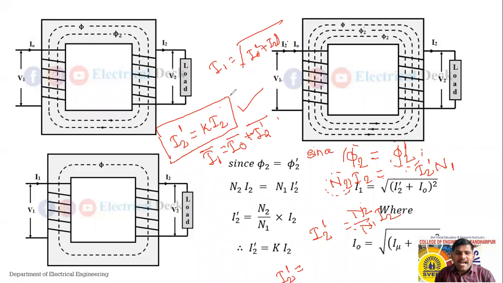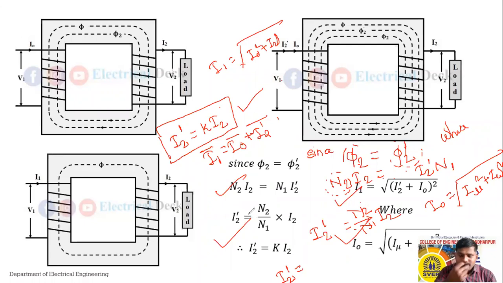Similarly I0, ची value माहिती आहे तुम्हाला, where I0 is the no load current, it is the square root of I mu square plus IW square. So these are some equations regarding the load condition. Load condition चे transformer चे काही equation. This is useful while solving a problem.